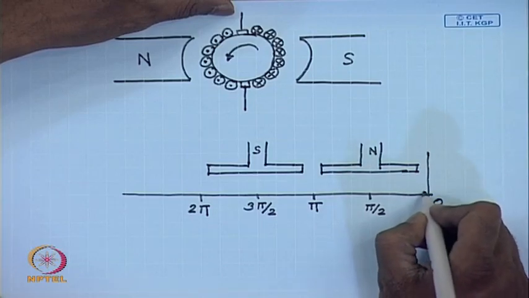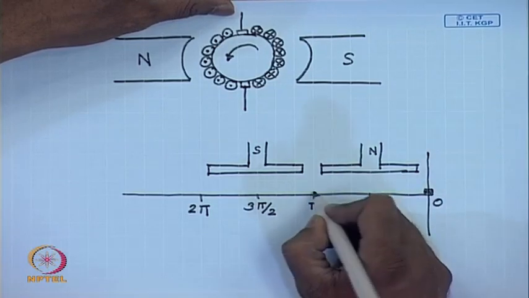So, these are the armature conductors, one brush is here, the other brush is here.